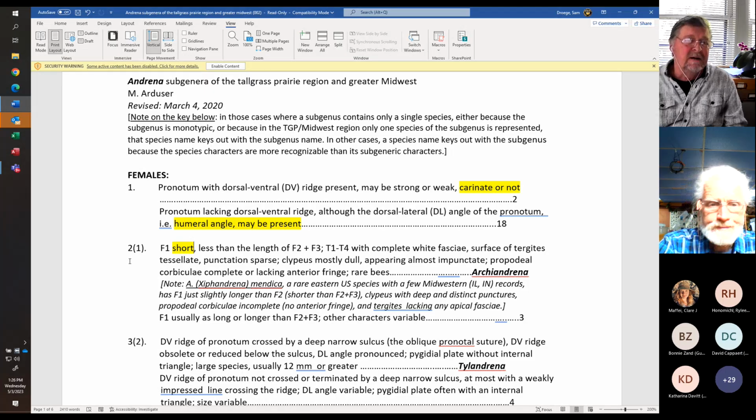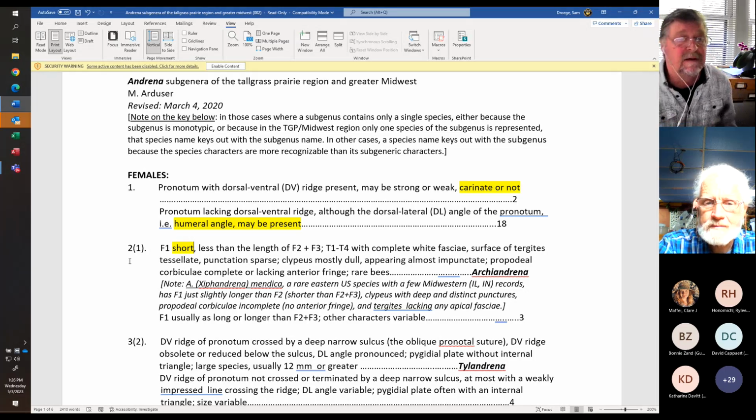So anyway, Archiandrena is a really small group, only a couple species, and we really don't know much about them. The nests have never been found, I don't think, and they're unusual. You'd know they're an Andrena, but the F1 being super short is very, very unusual.